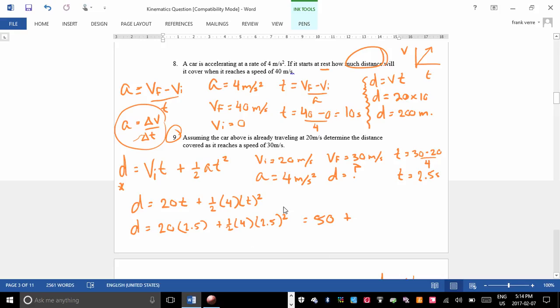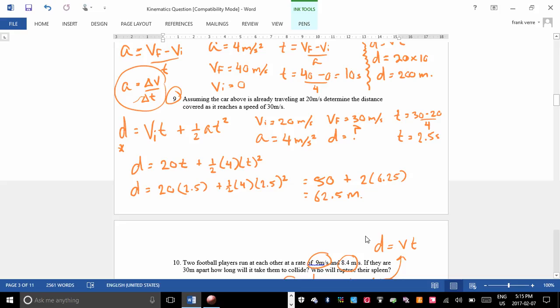And 1/2 of 4 is 2, so it should be 2 times 6.25. That would be 50 plus 12.5. 50 plus 12.5 is 62.5 meters.